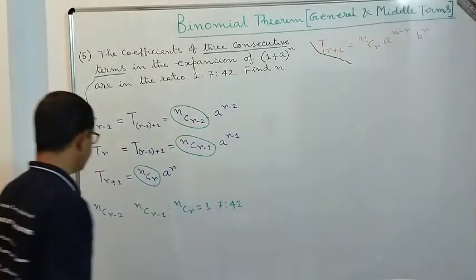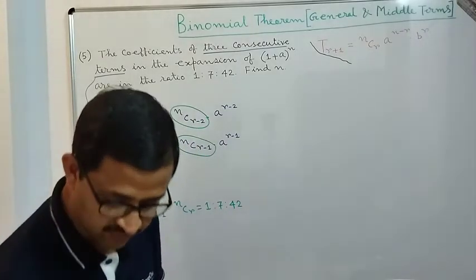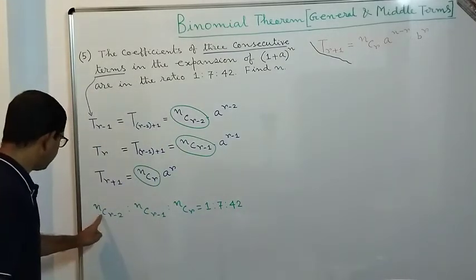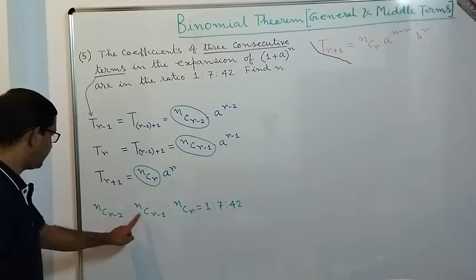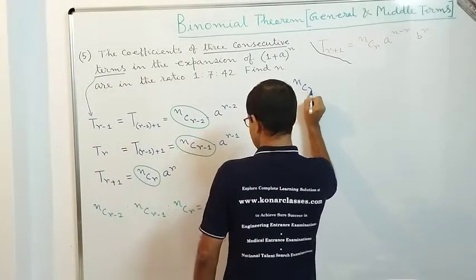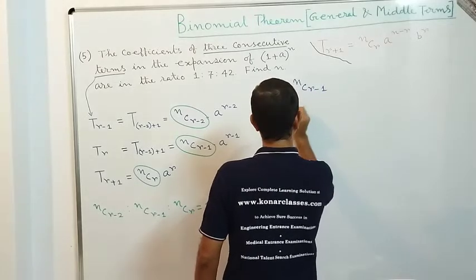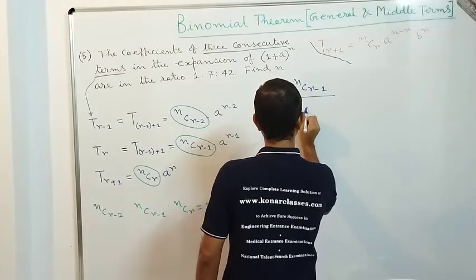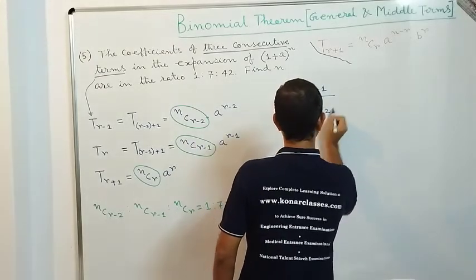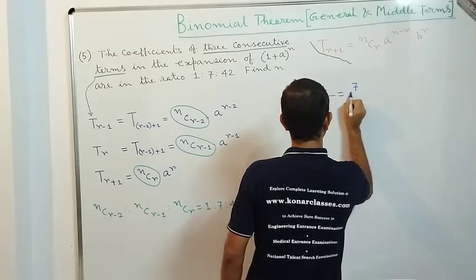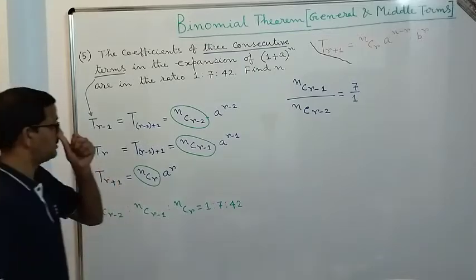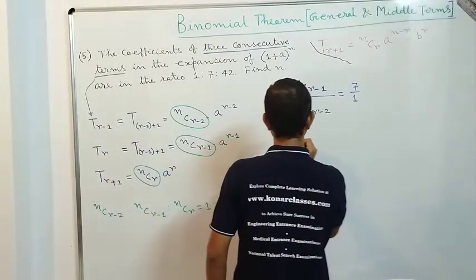Correct? And what do you need to find, dear students? We need to find the value of n. Now, what we can say from here, nC(r-2) and nC(r-1). So we can write that nC(r-1) divided by nC(r-2) is equal to 7 by 1. Correct? nC(r-1) by nC(r-2) is equal to 7 by 1. So from here what we get, dear students?